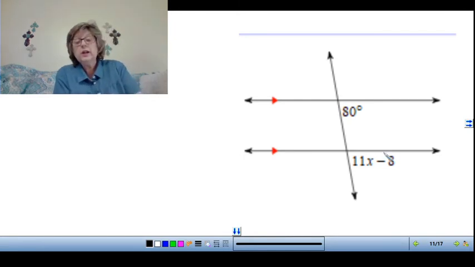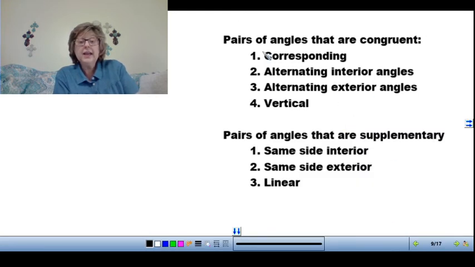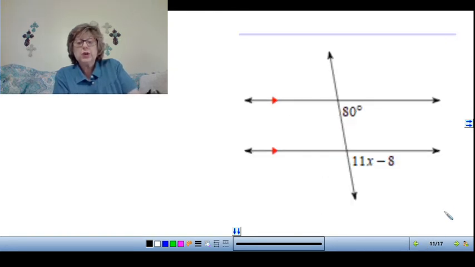Now on this one, they're both on the same side of the transversal. One is an interior and one is an exterior. So I know by definition these are corresponding angles. Again, corresponding angles are congruent. So I'm going to say 11x minus 8 equals 80.